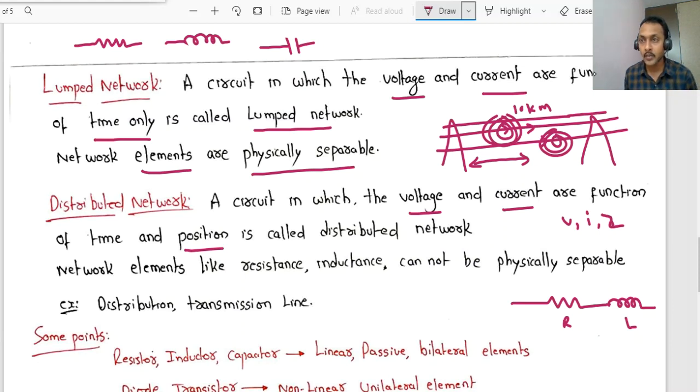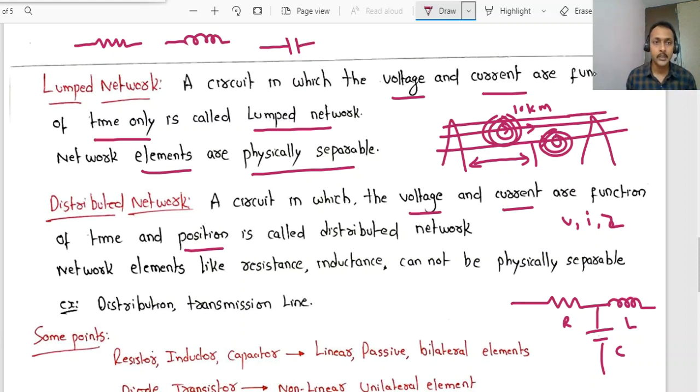Really there is no physical element like resistor or inductor, and with respect to the ground, some capacitance effect will also come into the picture. Now if I represent this line like this, it does not mean that there are physically a resistor, inductor and capacitor present in this line. You cannot separate that, but its effect will be there, right? Like that you have to understand.